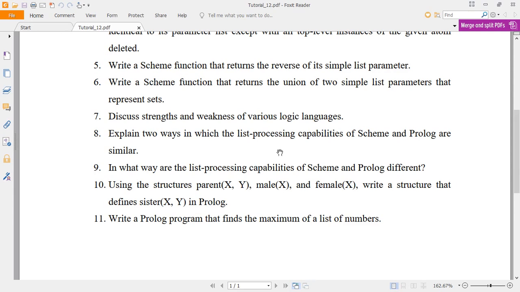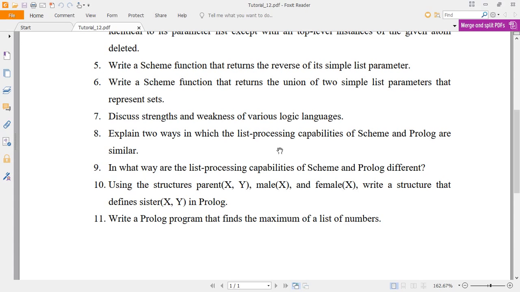So keep it in mind, type the program on your computer, see the output, and here the only additional thing you are supposed to add is called sister. So think of what is the logic behind identifying a sister.